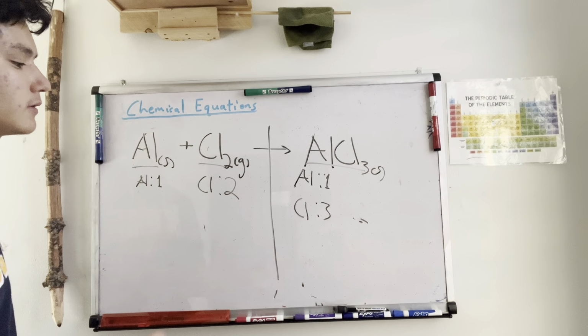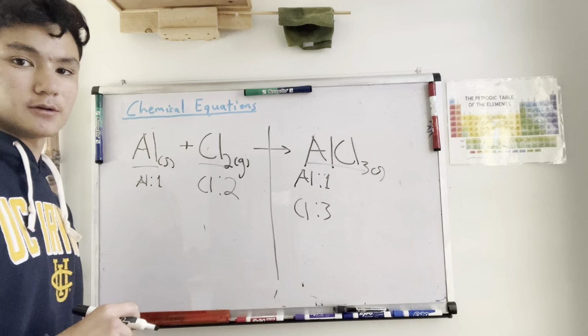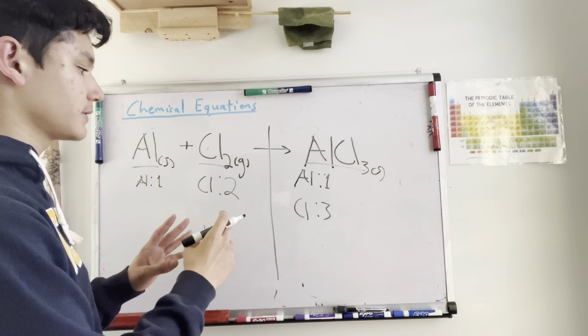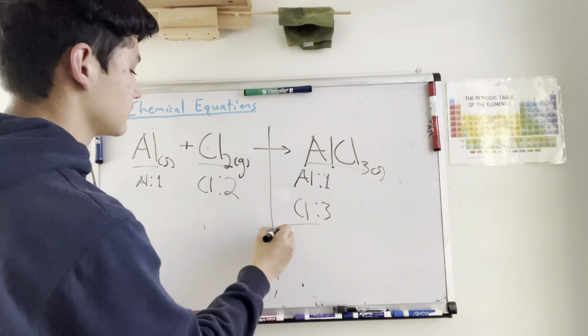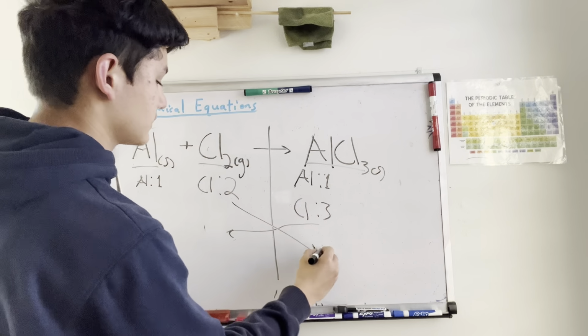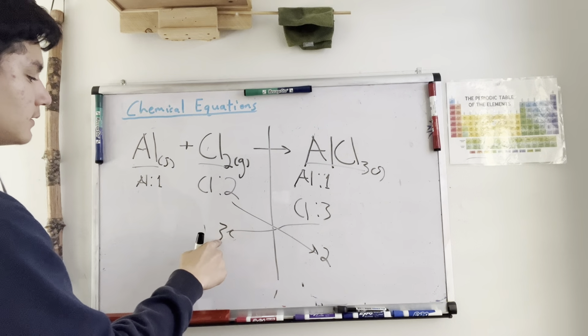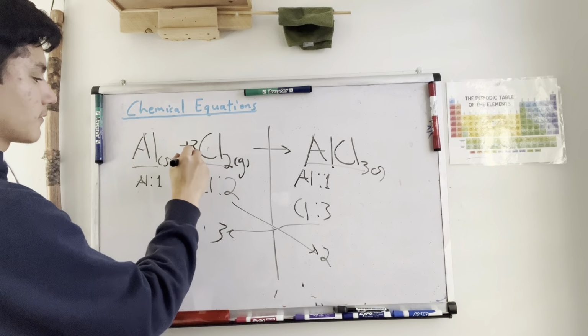So you need to think back to your mathematics, where you have a common denominator. And the way to get a common multiple is just to cross multiply these two. So you put 2 here, 3 here. We multiply this by 3, which means we put a coefficient of 3 here.